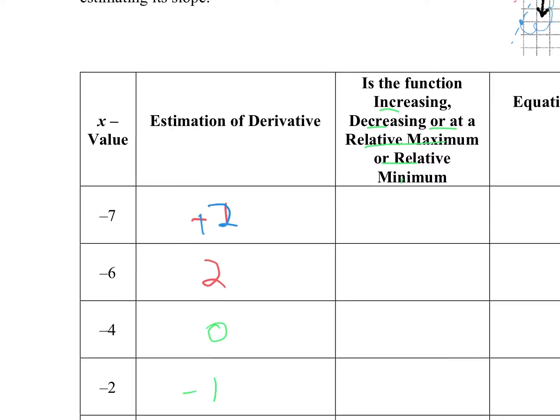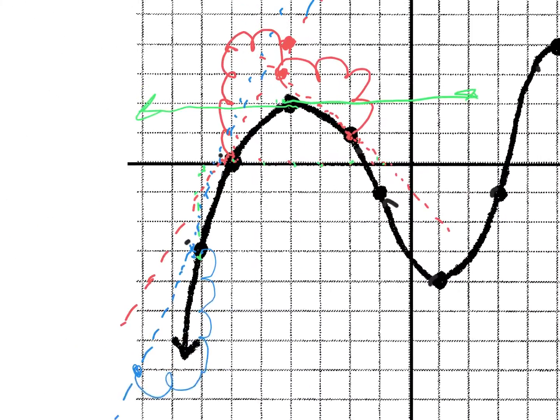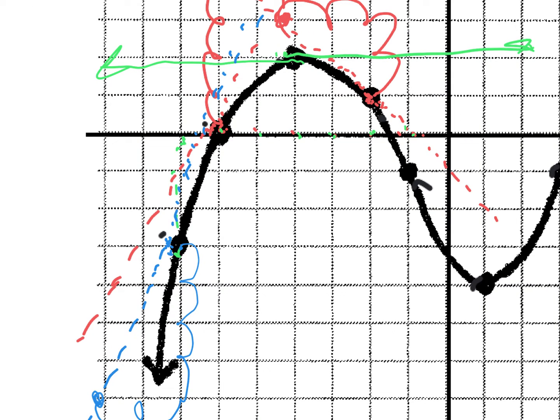At the negative 7, I'm going to zoom in on it. It's this one here. Does it look like the function is increasing, decreasing, or is it at a relative max or a relative min? What's it look like it's doing there?